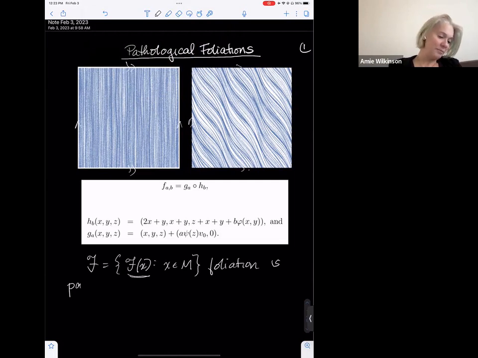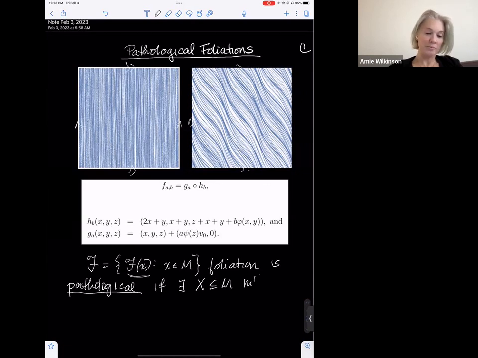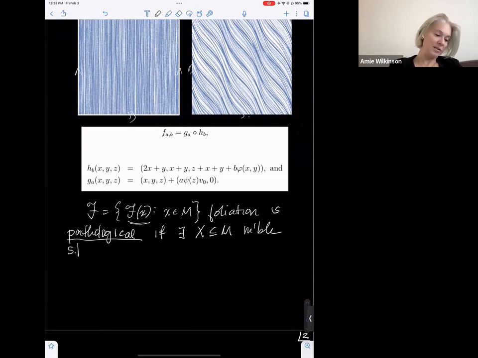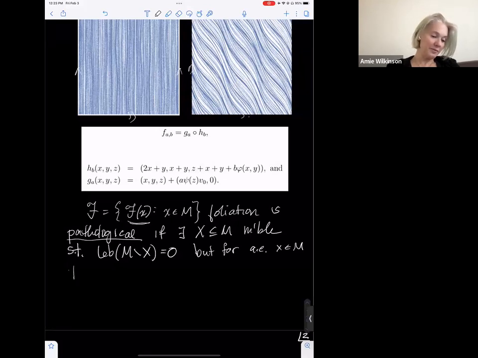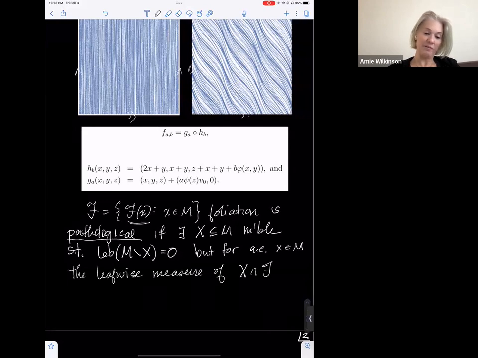And we say it's pathological if there exists a subset X of M, measurable, such that the Lebesgue measure of the complement of X is 0, but for almost every x in M, with respect to volume, the leafwise measure of X intersect F of x is 0.